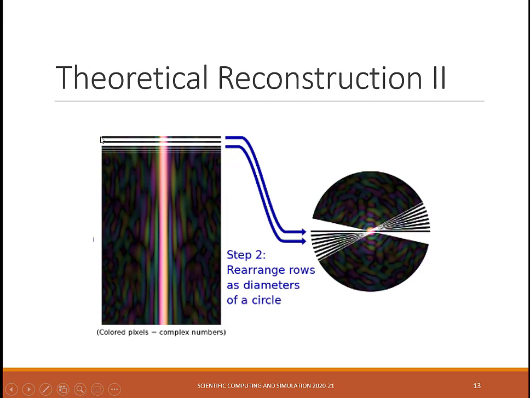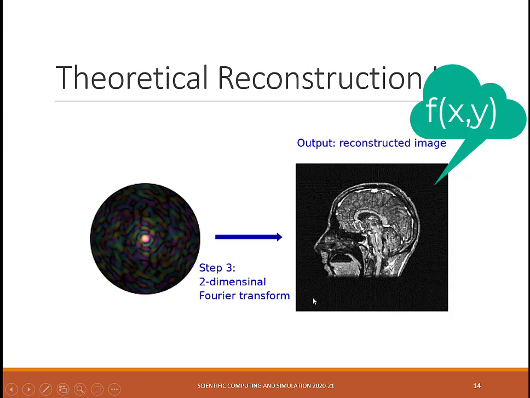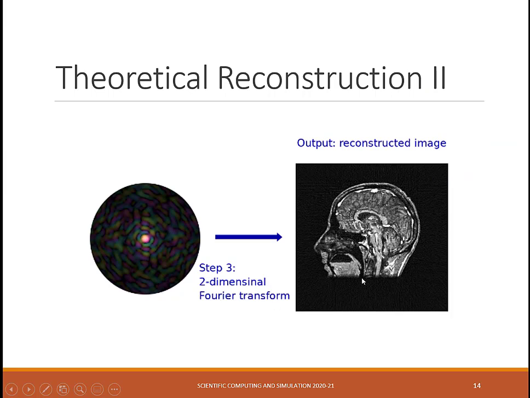Then, as the second step, the rows in the p tilde function are rearranged as diameters of a circle as shown in this slide. You can consider this as a kind of pre-processing operation, making the data ready for further computations. Finally, we can reconstruct the image or a slice of a body by applying an inverse 2D Fourier transform to the data obtained from the previous step.